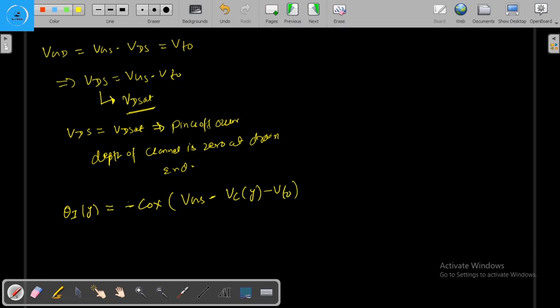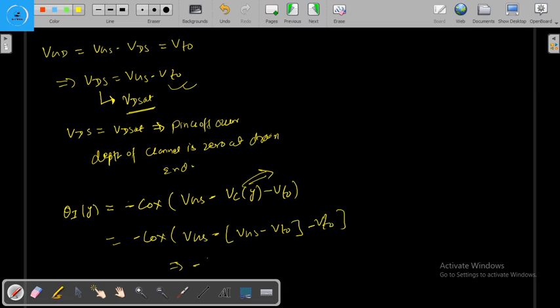Now we are going to put Vc of y equal to Vgs minus Vt naught in this equation.